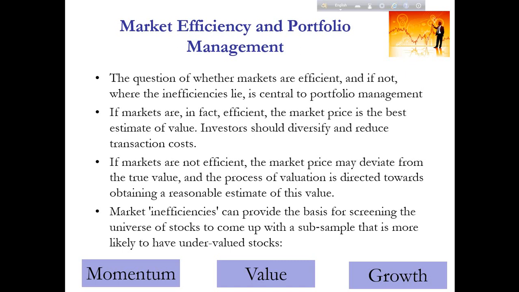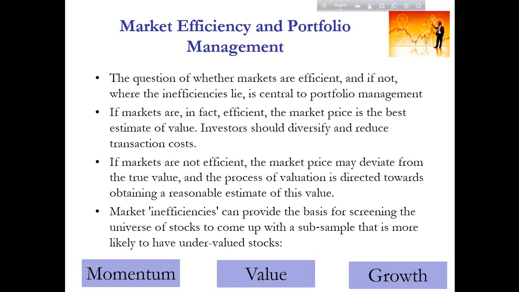valuation may be able to estimate value that can be used to identify underpriced or overpriced stocks. Hence, market inefficiencies might provide the basis for screening the universe of stocks to come up with some subsample that is likely to be mispriced.